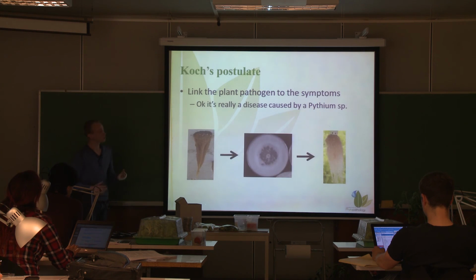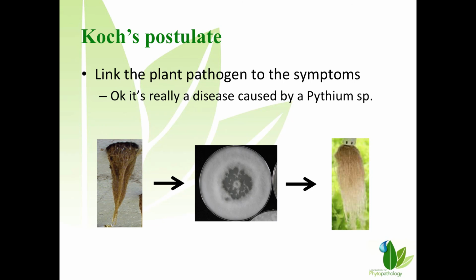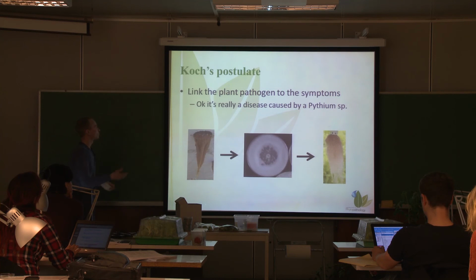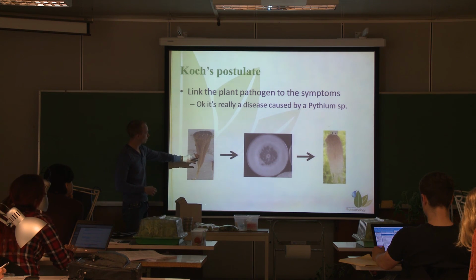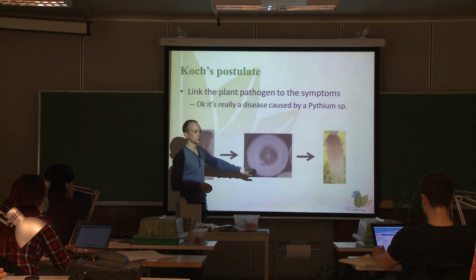But if you want to be sure that Pythium is responsible for the symptoms that you have observed, the best is to do Koch's postulate. But you need a long time to do that. So you isolate the pathogen, you do a culture, you make your observation by microscope, and you identify the pathogen.